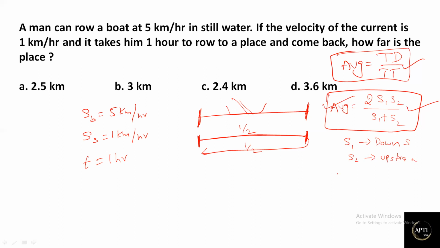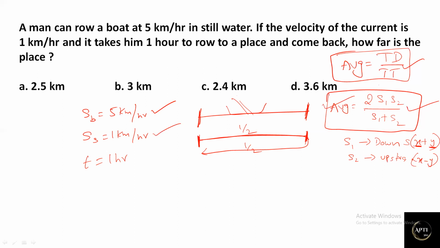Here we know speed s1 means downstream. Can I say downstream means x plus y? Here x is the speed of the boat and y is the speed of the stream. Upstream means x minus y. When you know the speed of the boat and the speed of the stream, here in the question the speed of the boat is 5 km per hour, and the speed of the stream is 1 km per hour.